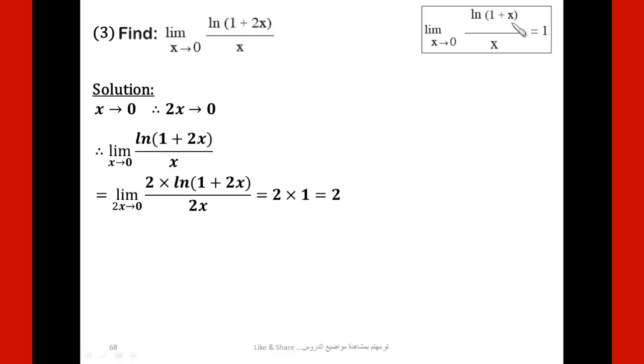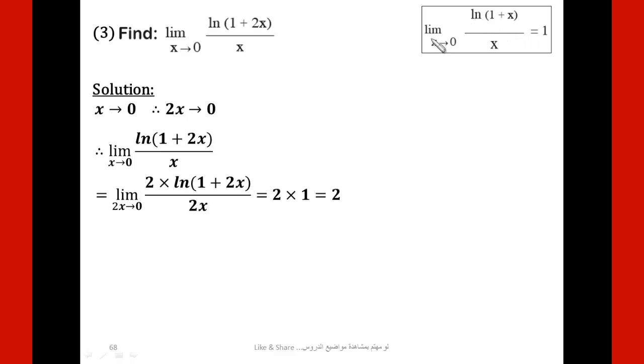Note that we have here the coefficient of x is 1 in all the limit. So if you have the coefficient 2, also the result will be 1.